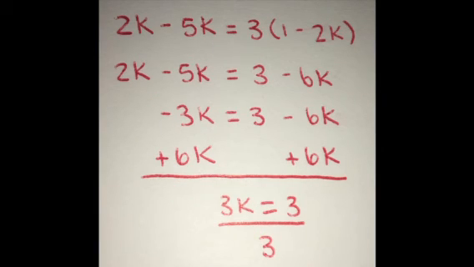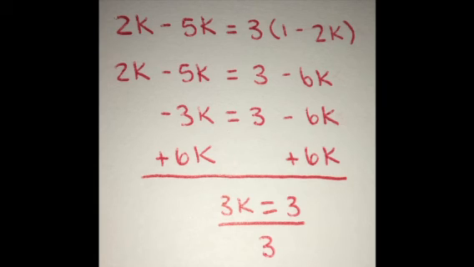Now the last problem I'm going to help you out with before you try it on your own is a little bit different because this one involves parentheses and the distributive property. So first, you're going to distribute 3 to the parenthesis part. So you get 2k minus 5k equals 3, and you're going to distribute 3 to 1, so 3 times 1 equals 3, and then 3 times 2k equals 6k. So you're going to get 2k minus 5k equals 3 minus 6k.